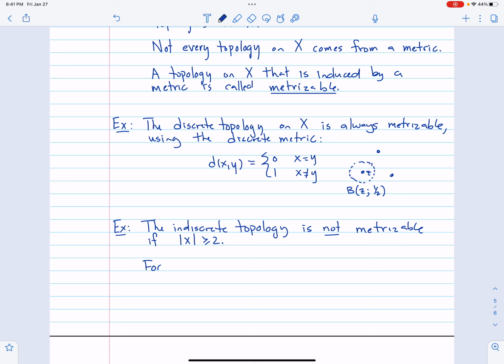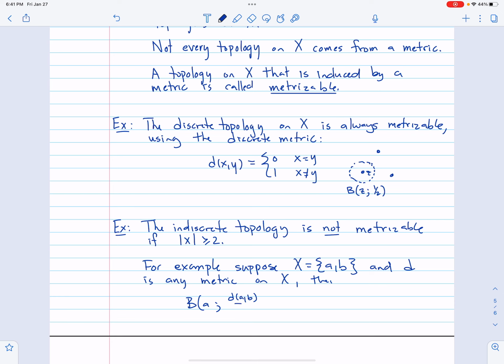How do we see that this is not metrizable? Suppose our set X contains exactly 2 points, say A and B, and D is any metric on X. Then the open ball around the point A of radius 1/2 the distance from A to B is just going to contain the point A.